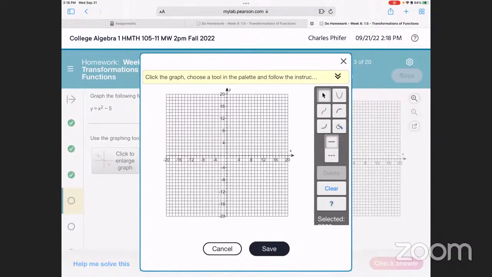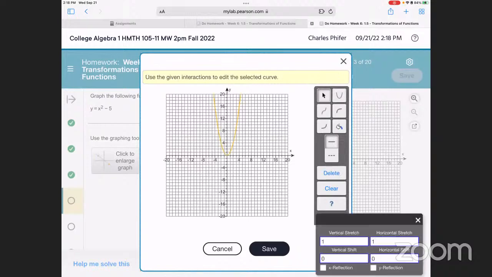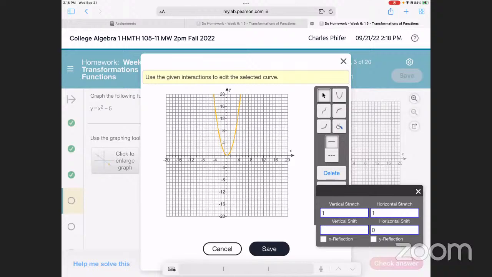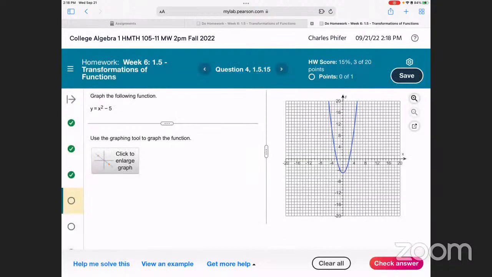In the upper right-hand corner, I'm going to click my U-shaped curve, and I'm just clicking on the origin. And we said we brought it down. So here it is, vertical shift, we wanted it to come down by 5. So I'm going to put -5, and I'm going to hit save, right? See the graph? It's just a U-shaped curve that came down by 5. Let's check that result.